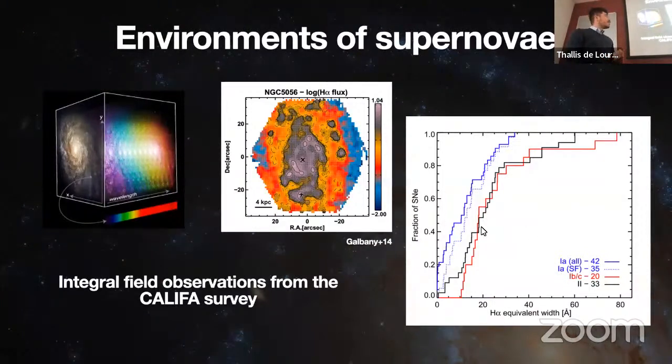And we see that type 2s and type 1 BC supernovae have very similar values to each other, and type 1a supernovae have lower values. H alpha equivalent width gives us a sense of the age of that stellar population. So this is telling us that type 1a supernovae happen in older stellar populations than type 2s and type 1 BCs, which is expected.